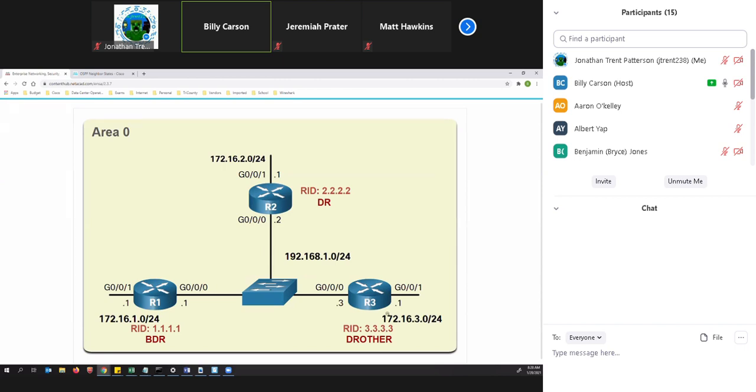So when number 3 comes back online, he comes up as just a DROther. It's not going to say, hey, I have a higher priority than you, I'm going to take it from you, you need to go down. That's not going to happen. Everything stays in that same mode until something happens.